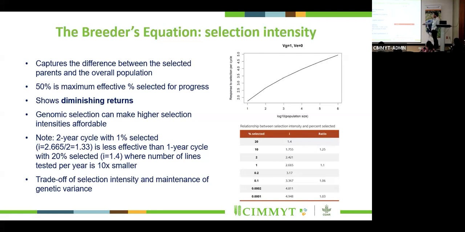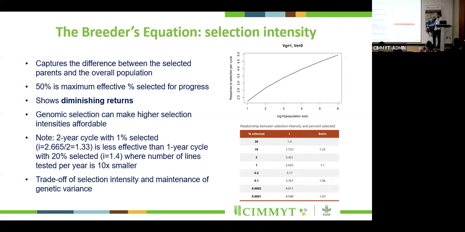This gets more extreme the further down you go. If you select 2%, your selection intensity is 2.4, and 1%, 2.665. You've only got 10% extra gain for 50% more use of resources. There's diminishing returns.